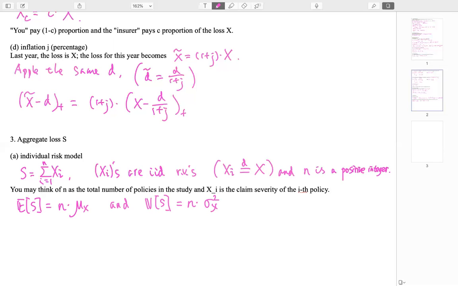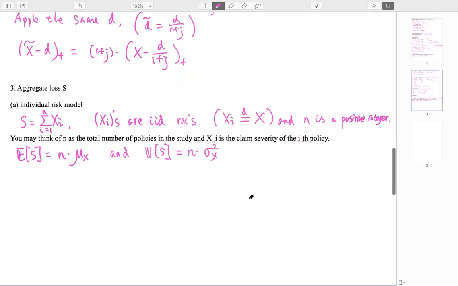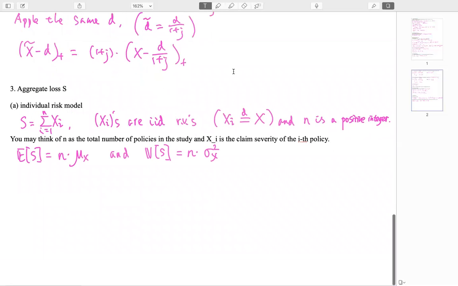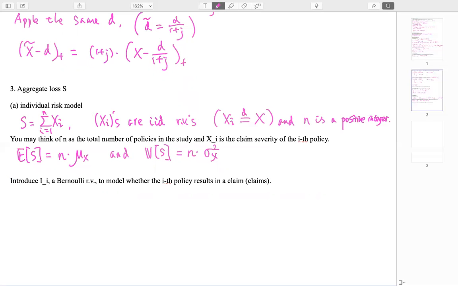And then, before we calculate probability, first let me introduce I_i, which is a Bernoulli random variable to model whether the i-th policy results in a claim or not, or maybe claims. Since it's a Bernoulli random variable, we know it's either 0 or 1.